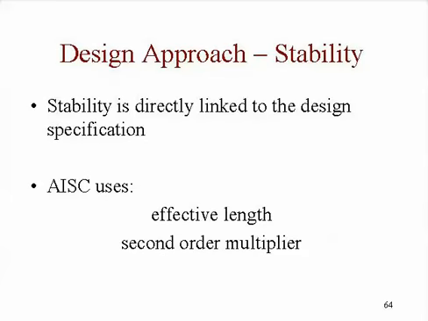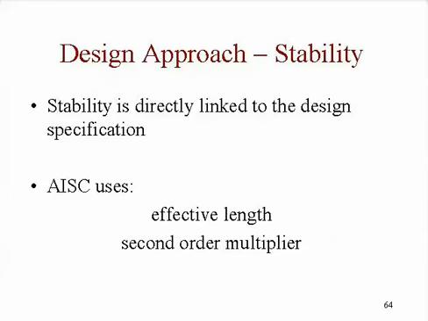Now, of course, how you approach stability is a function of the specification that you're using. The 2005 specification has some new approaches, the direct analysis method. The 99 LRFD or the 89 ASD use the effective length method and some kind of a second order multiplier if you didn't do a complete second order analysis.